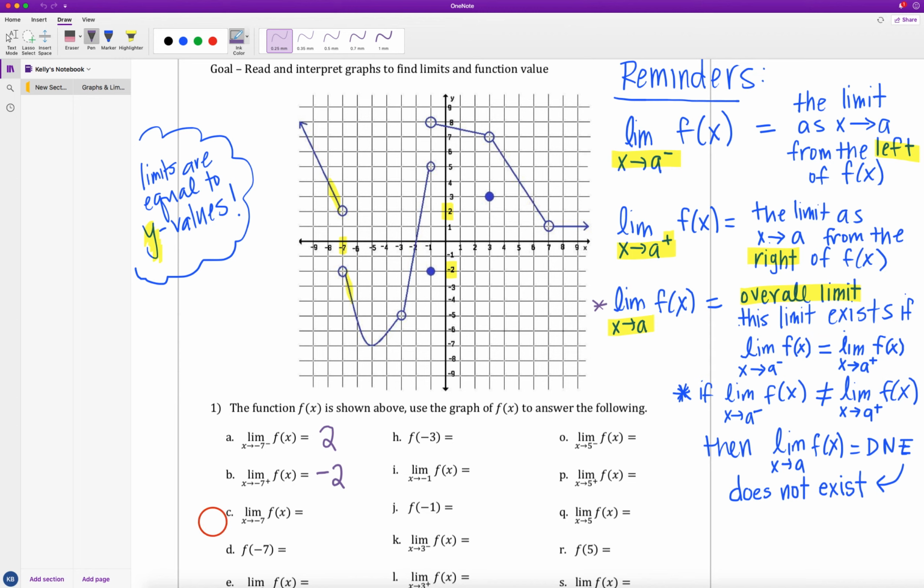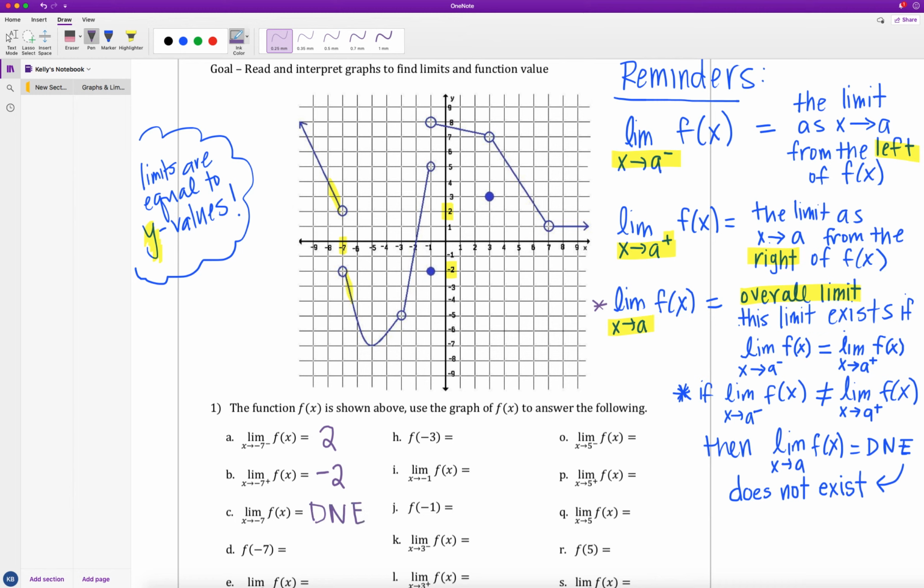Well, my answer to part C is going to rely on what my answers to parts A and B were. In part A, we found the limit from the left, which was +2, and in part B, we found the limit from the right, which was -2, and since 2 does not equal -2, the overall limit cannot exist. So we say that the limit as x approaches -7 of f of x does not exist.